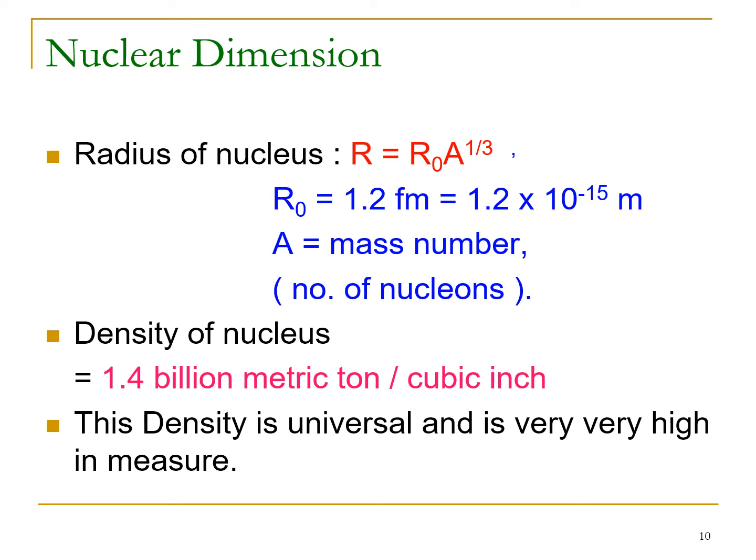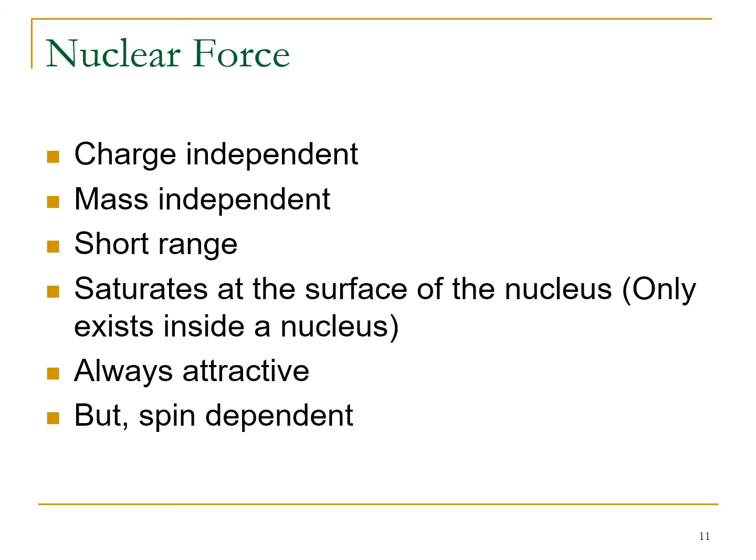So the question is, inside such a small region, how can such dense matter be contained in a bound state? This is very fascinating. There comes the fascinating nature of the nuclear force. It is charge independent, it is mass independent, so that we cannot distinguish between a proton and a neutron inside a nucleus, and that's why inside a nucleus they have a generic or common name, that is nucleons.